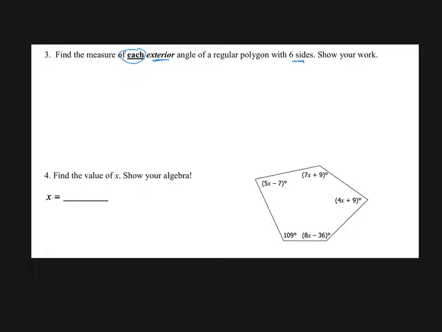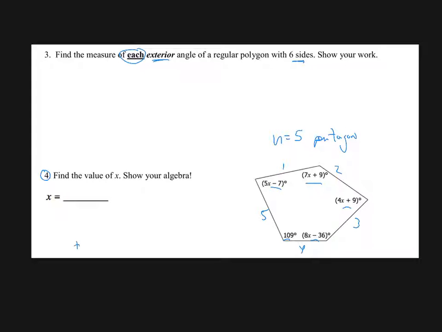Now for number 4 here, we take a look over here, and again, we're going to need to know the value of n. So you got 1, 2, 3, 4, 5. So this is a pentagon, right? And all of the information here, you have 5 pieces of information that relate to angles.